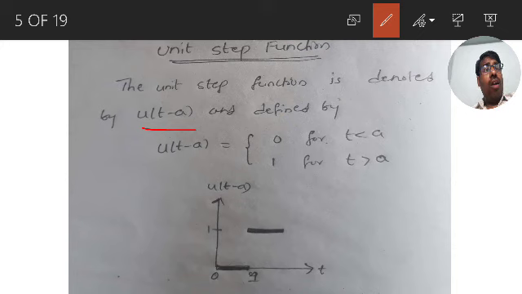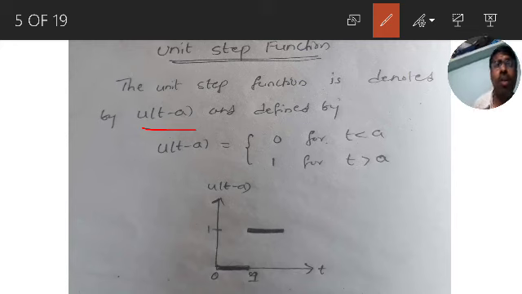If you take the graph, below I have given the graph also. The graph looks like steps. That's why it is a step function, and the distance between the steps is 1 unit. One is called unity, so the function is named the unit step function.